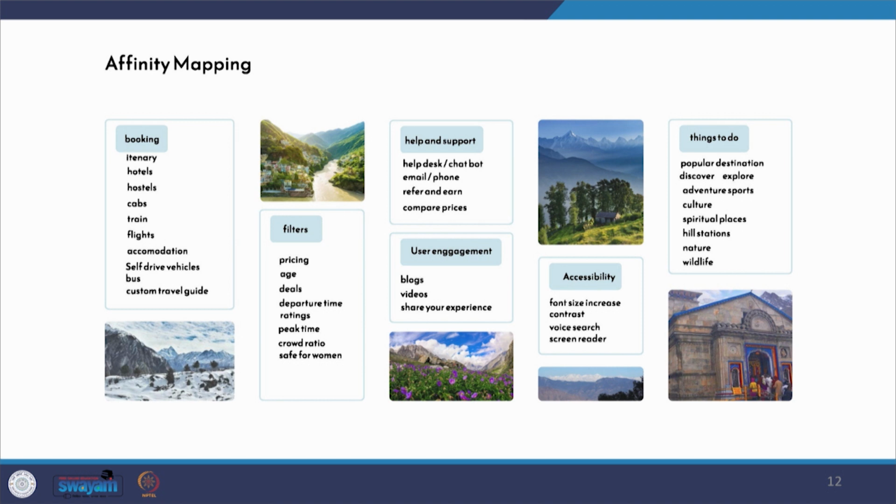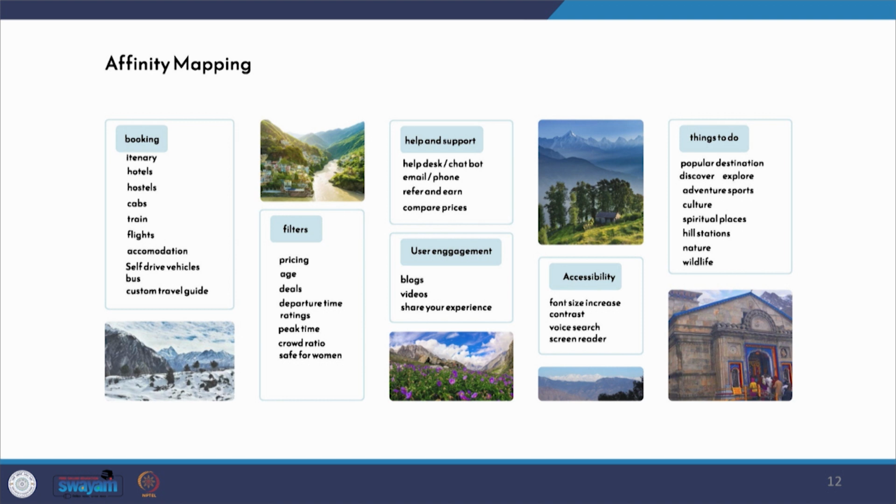For example, if I wear a size 5 shoe, then what is the point of looking at shoes which are 7 or 8? So I will filter my options and look for only a size 5 shoe. Similarly here, what could the user be looking for? They may be looking for special deals, or a specific time of departure or arrival, or the crowd ratio, or whether it is safe for women and children. Several of these things.